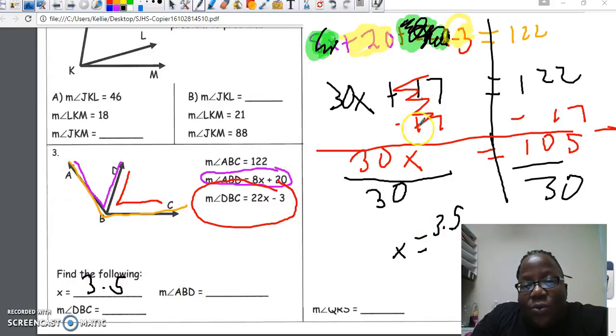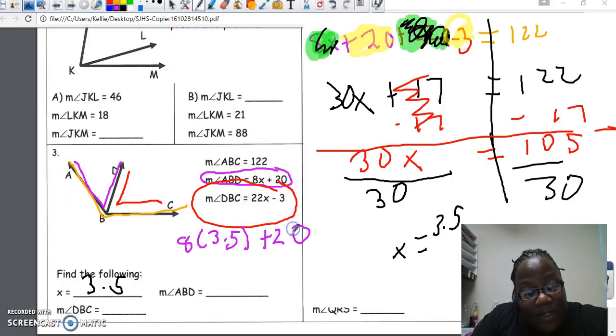Okay? So if I find x, which is 3.5, I can now tell you the true measure of these angles. ABD, the purple one, guess what? How do I figure out the true measure? In the formula 8x plus 20, remember x we already figured out was 3.5. So I'm really doing 3.5 times 8 plus 20. All I did was substitute x.